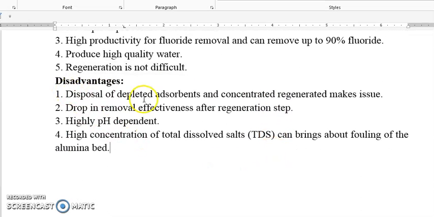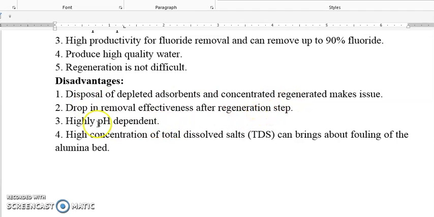Disadvantage is the disposal of the depleted adsorbents and the concentrated regenerated adsorbent makes an issue, right? So you have to dispose of the depleted adsorbents once it is used for some time. Afterwards the adsorbent is not going to work, so you have to regenerate it, right? So just like in the zeolite process, that can become an issue.